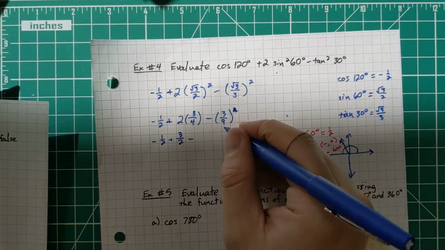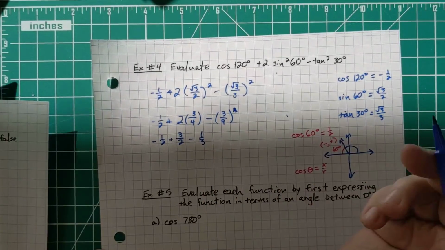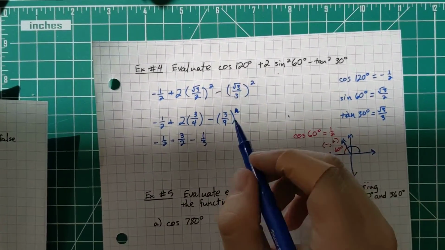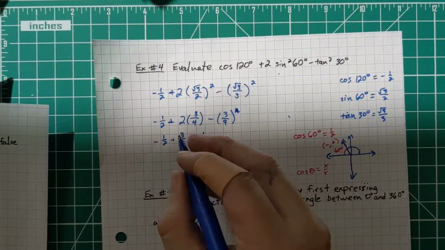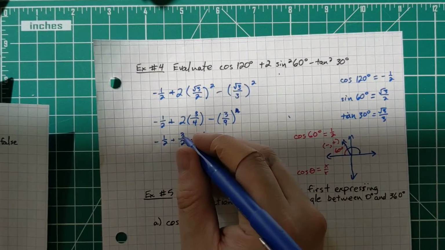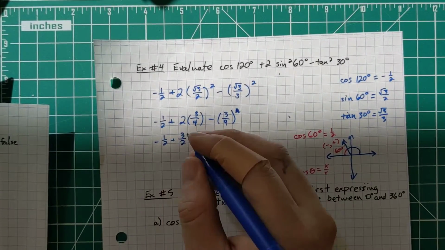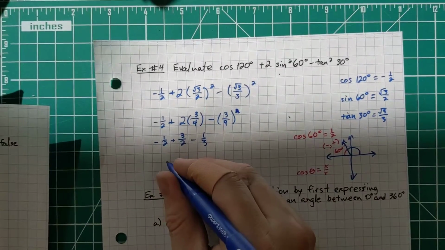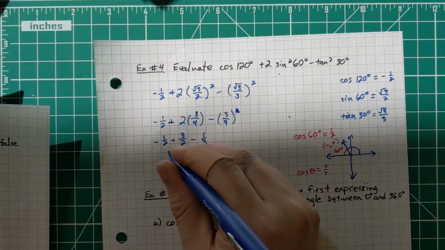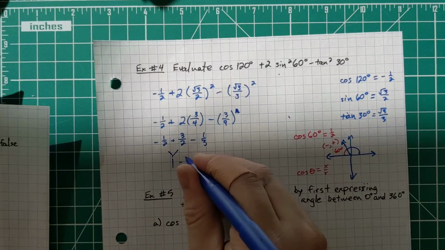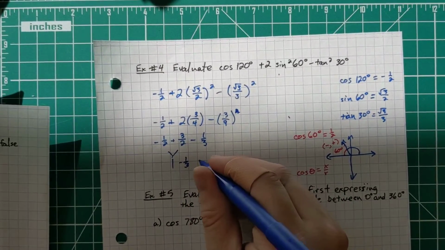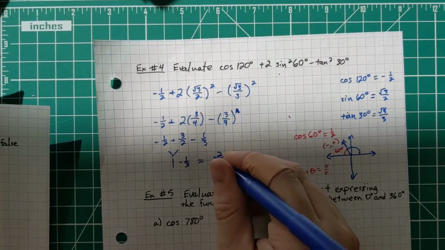This is 1/3. And it's just a matter of adding and subtracting. So negative 1/2 and 3/2 is 2/2 or 1. So that'd really become 1 minus 1/3. 1 minus 1/3 is 2/3.